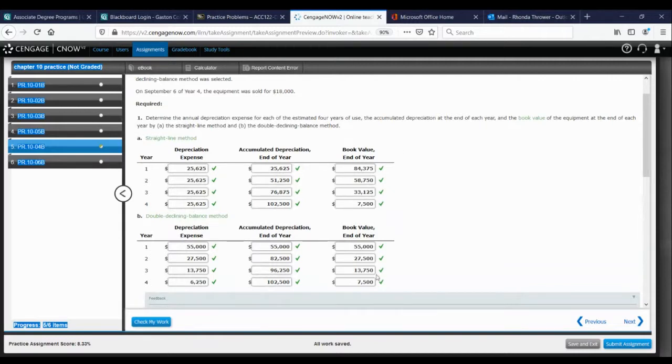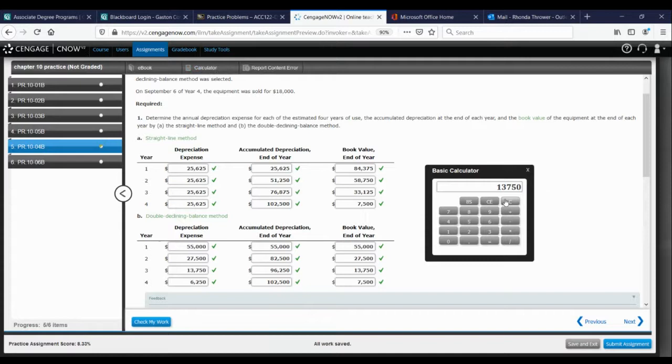Do you see that the book value in year 3 is less than what you sold it for? So what we're saying here is that since the value on our books was less than what we received in cash, we had a gain on the sale for the difference.